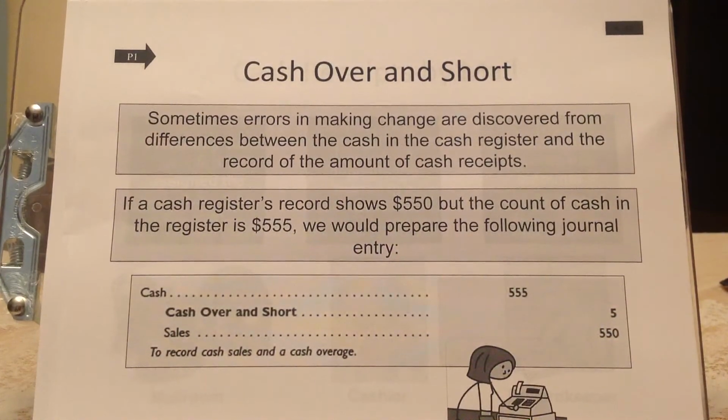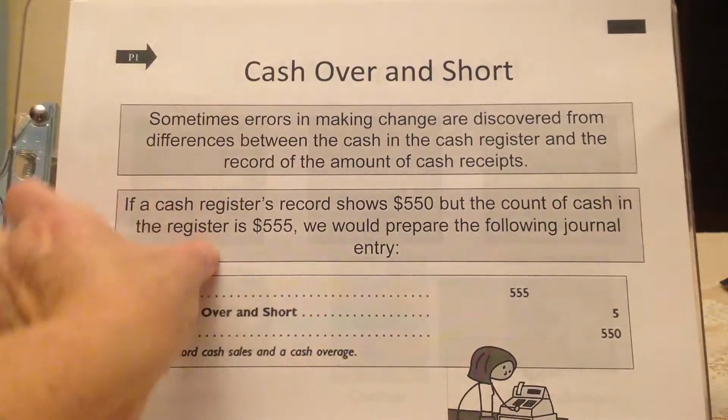So now we're going to discuss the actual journal entry. You're going to debit cash and credit sales, but the difference between how much cash we took in and how much our sales were is going to go into cash over or short. That either means that someone got shorted when they gave out change, or gave them too much and they didn't catch it.